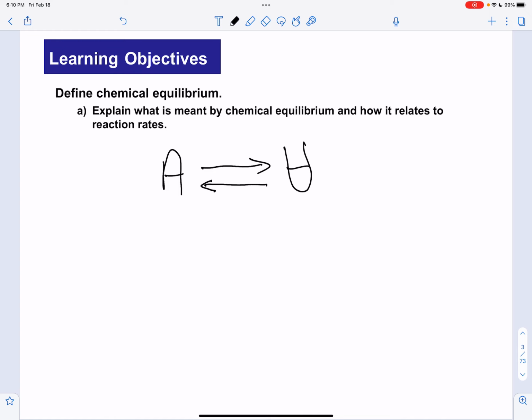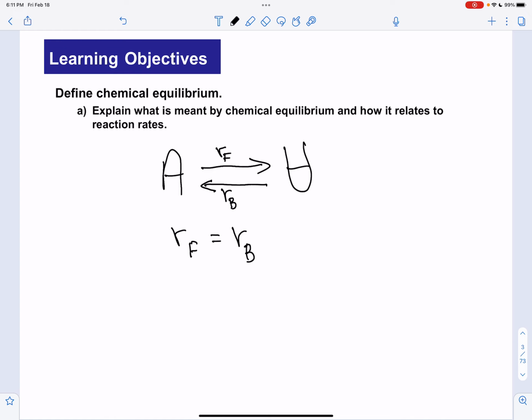And what does equilibrium mean? That the rate going forward from left to right is going to be equal to the rate going backwards. And we're going to express that like this: R forward equals R backwards.